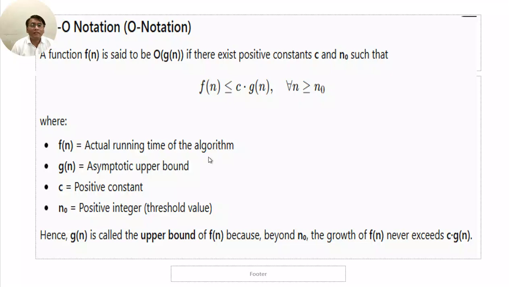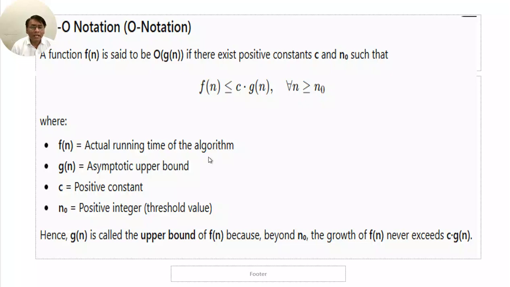A function f(n) is said to be O(g(n)) if there exist positive constants c and n0 such that f(n) is less than or equal to c times g(n) for all n greater than or equal to n0, where f(n) is the actual running time of the algorithm, g(n) is the asymptotic upper bound, c is a positive constant, and n0 is a positive integer, a threshold value.